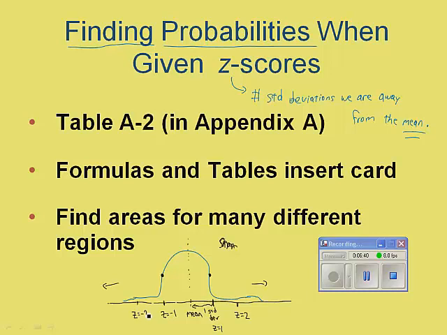Right? Please be aware of something. Z-scores are not areas. Z-scores are how far away you are on the x-axis away from the middle, which is the mean. See, in a normal distribution, the mean and median are the same, right there in the middle.